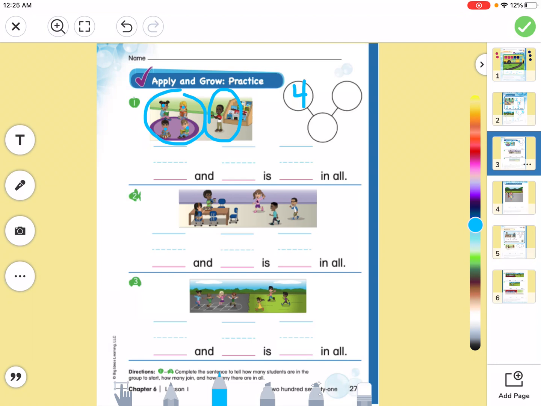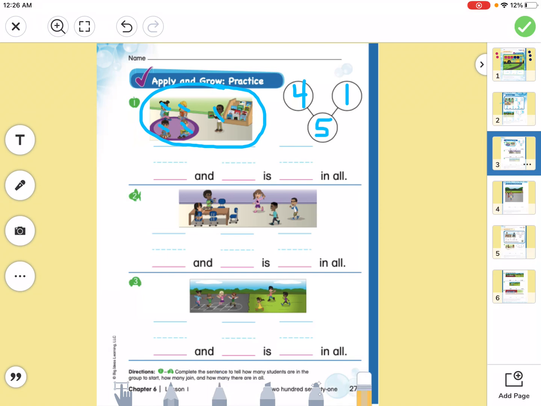How many students are standing up looking at a book? 1. Okay? So 4 and 1 are our parts. How many do we have all together? That is our whole. Let's count them. 1, 2, 3, 4, 5. So 4 and 1 is 5.